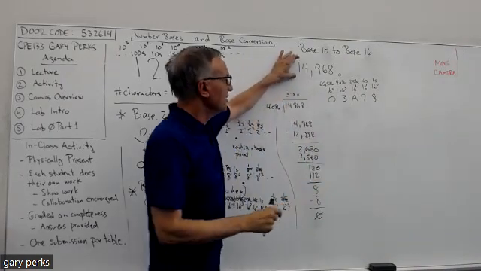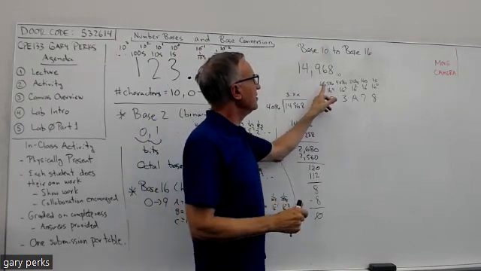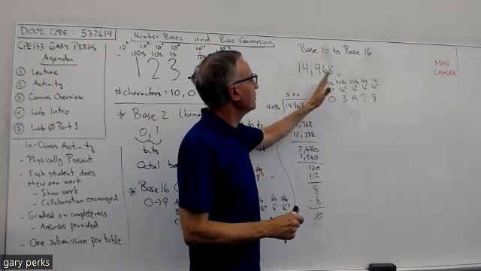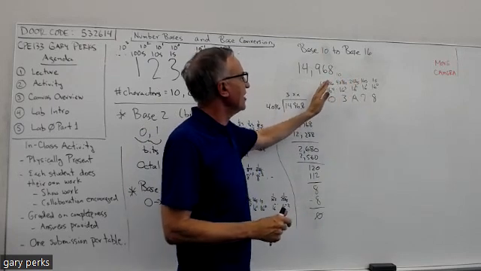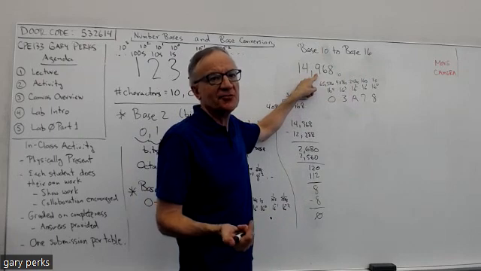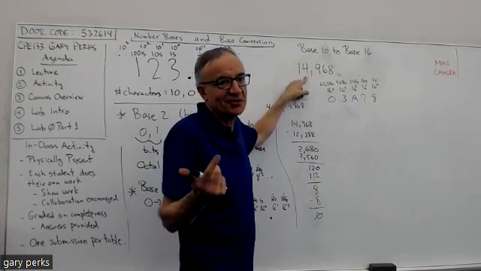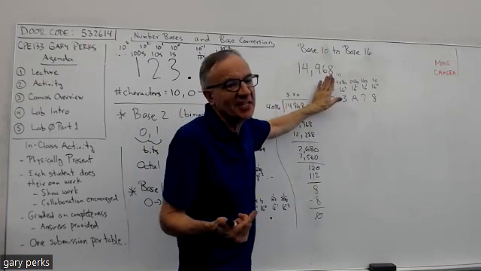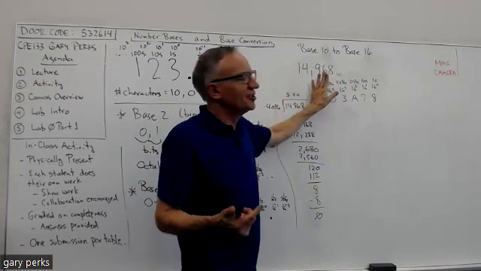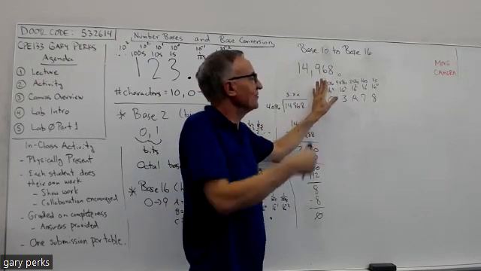Okay, well, we're starting with this number, right? And again, you always want to write these column values out until you get to a column that's worth more than the number you're trying to convert, because there's no 65,536s in this number, so we didn't even have to write that, but I wrote it just so I'm sure I'm starting with the right value, right? The highest possible value.